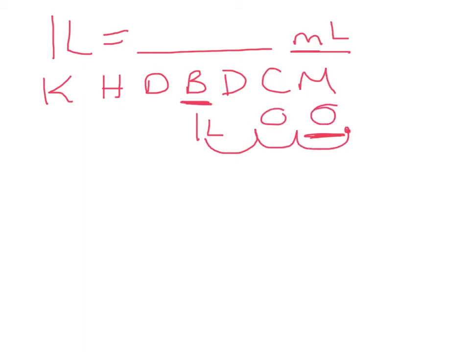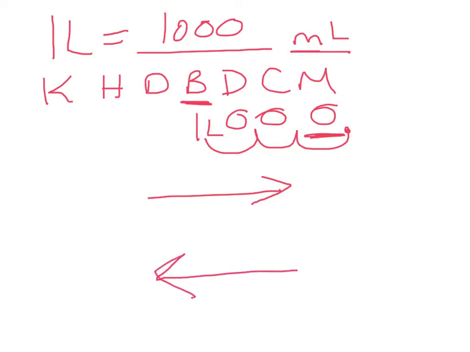We're going to add our zeros, and 1 liter is equal to 1,000 milliliters. Now notice in this problem, because we were going to a smaller unit, we moved our decimal place to the right. In the previous problem, when we were going to a larger unit, we moved it to the left. So those are things that you need to pay attention to along the way.